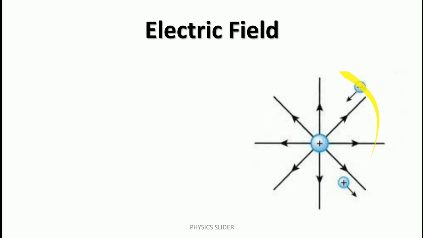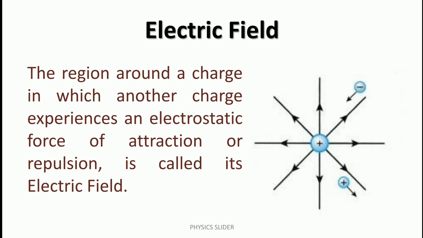So we will say that this region is the electric field. Let's define it: the region around a charge in which another charge experiences an electrostatic force of attraction or repulsion is called its electric field.